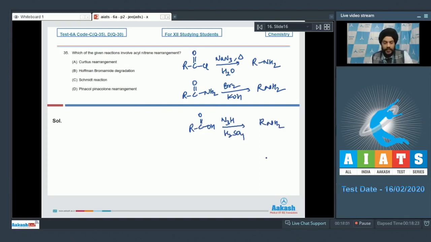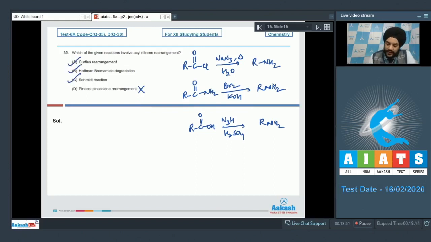So this reaction also involves the acyl nitrene rearrangement, students, as we can clearly see that there is a loss of a carbonyl group. The last option, pinacol-pinacolone rearrangement, is not a correct option for this question, students. So we have to mark the correct answer to question number 35 as option A, option B and option C.